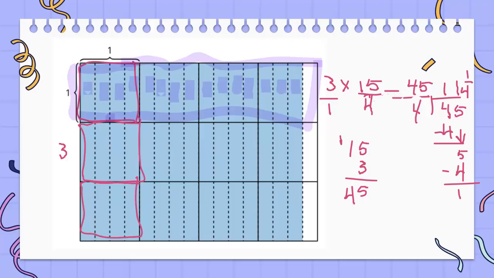Work it out in the way that you understand it, but make sure that you do choose this answer choice when you're choosing your answers for the test.